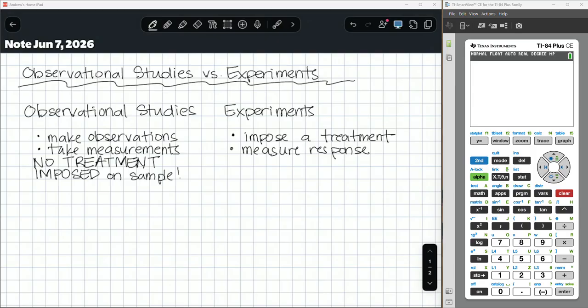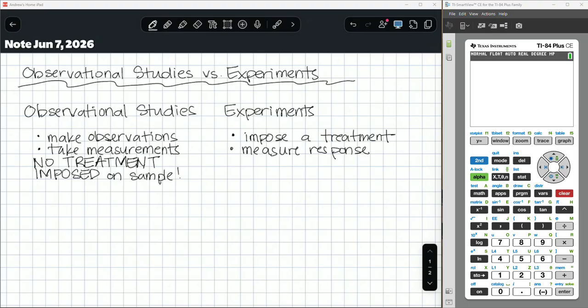So experiments, there is a treatment that the researcher is in control of, and then I am measuring the response in the sample. Typically those treatments relate to our explanatory variable, and the measured response is our response variable.